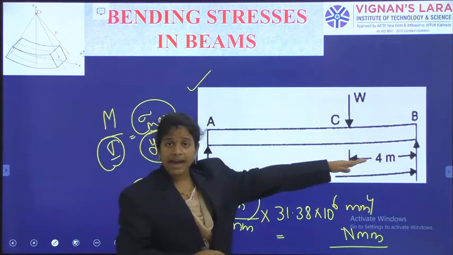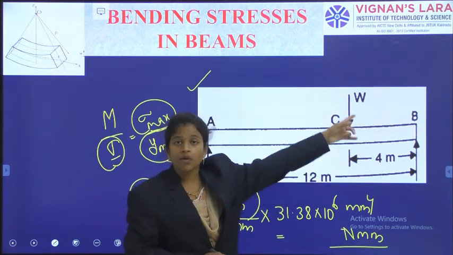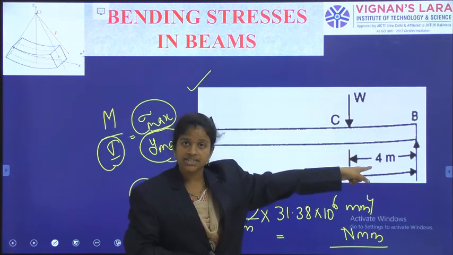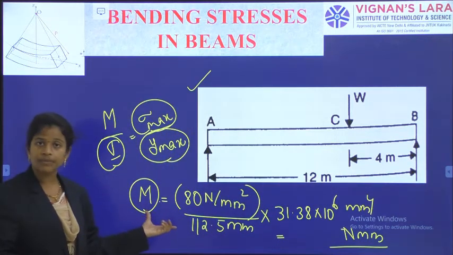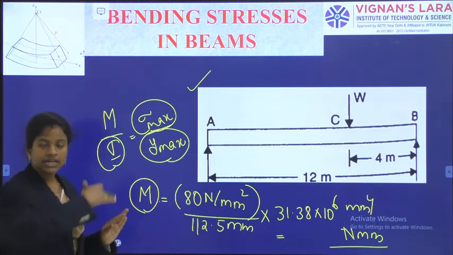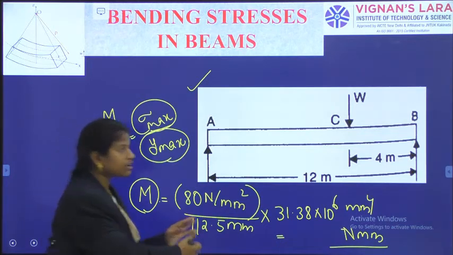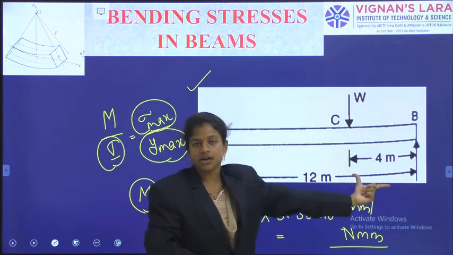So, the maximum bending moment occurring on the section due to this beam is equal to the maximum BM we are observing from the pure bending theory, because here I am using maximum moments only. So this maximum moment is equal to the maximum moment occurring due to the point load W at a distance of 4 meters.